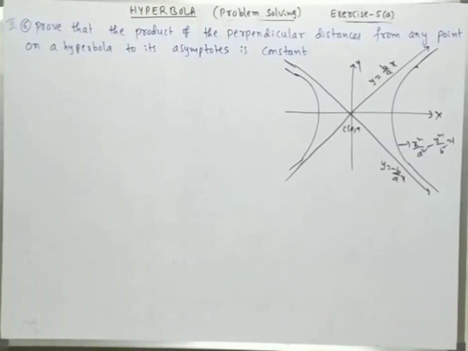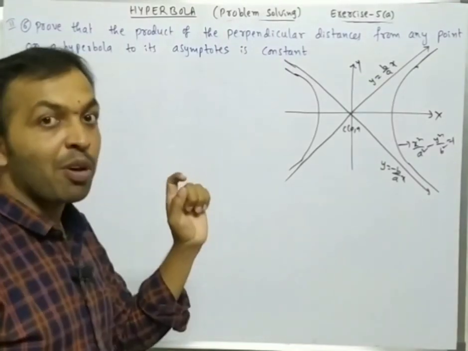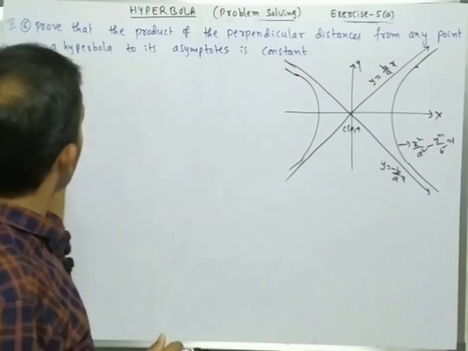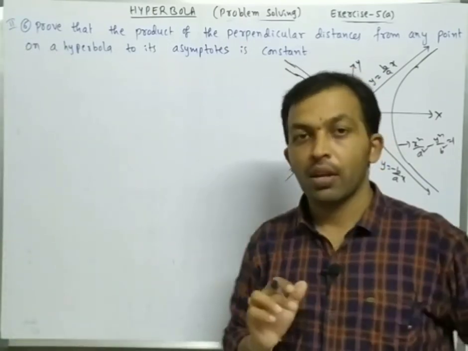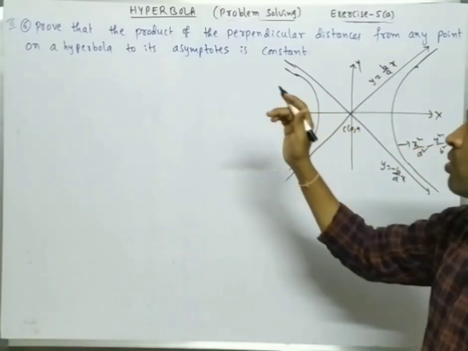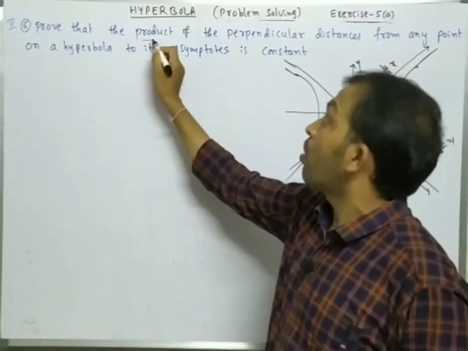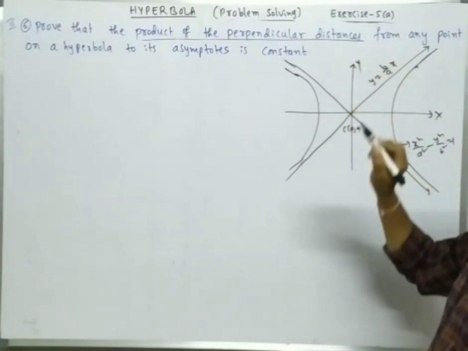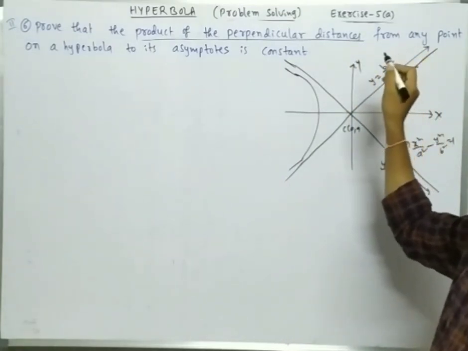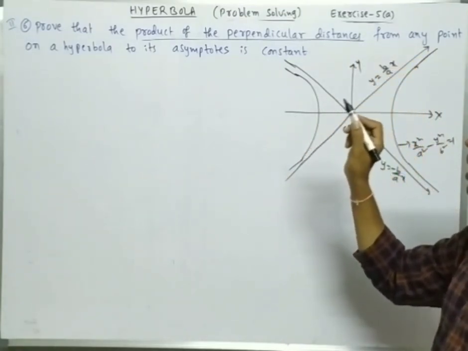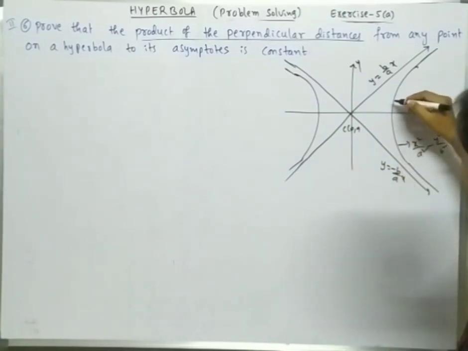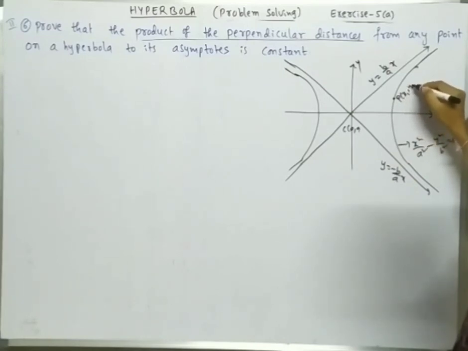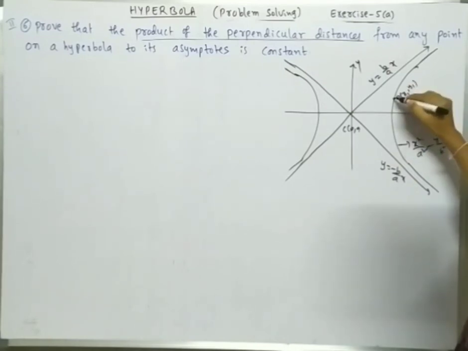Next problem, prove that the product of perpendicular distances from any point on a hyperbola to its asymptotes is constant. So let us take a point P(x1, y1) on the hyperbola.